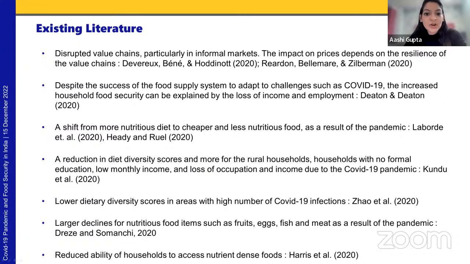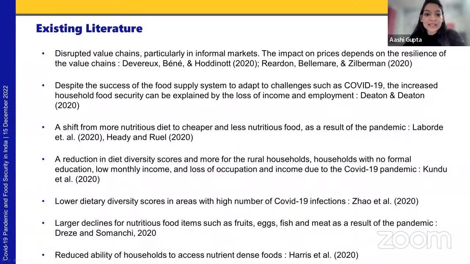It majorly talks about the potential as well as the realized impact of the pandemic on household food security outcomes. An obvious but remarkable observation in a host of studies is that the restrictions on movement due to the policies to contain the spread of coronavirus have had a severe impact in the form of disrupted value chains, particularly in informal markets.